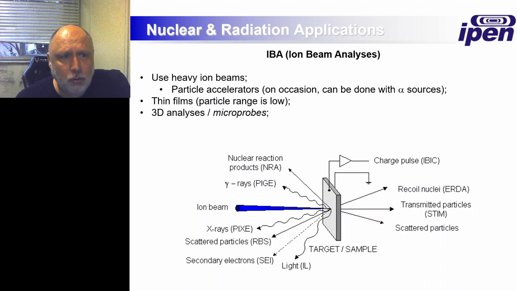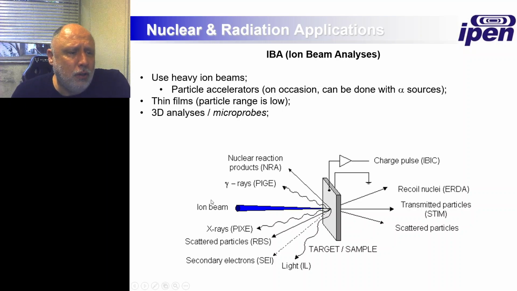Advantages: it's usually a particle accelerator, a small one. You can turn it on and off whenever you want, and if you tune it to avoid nuclear reactions, there's very little radiation emission, only during operation and only X-rays, right? The problem is you have to have thin films and the particle range is low.